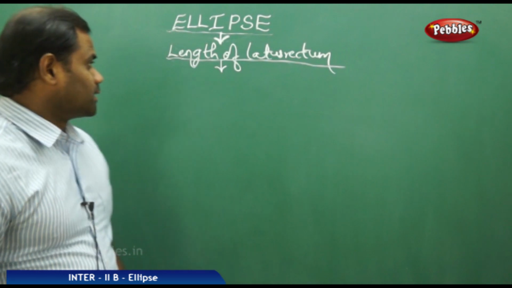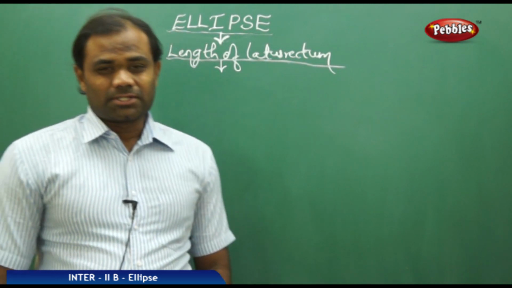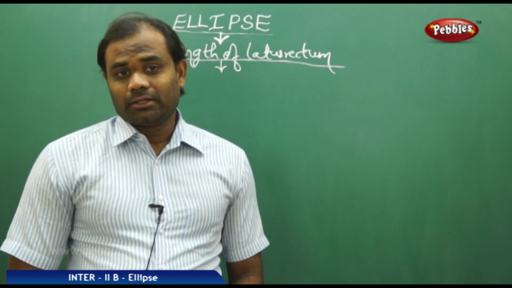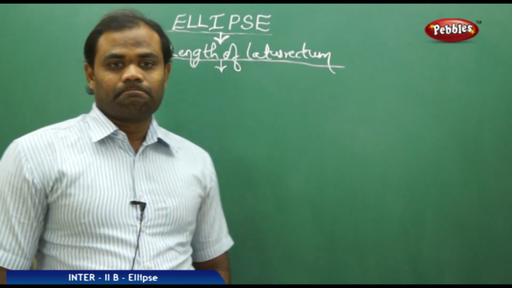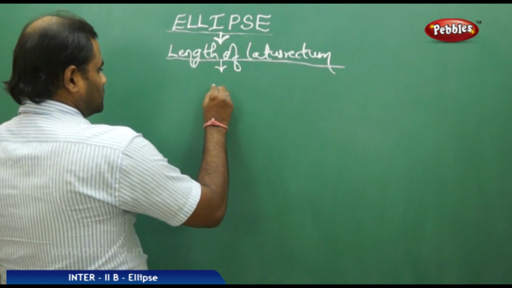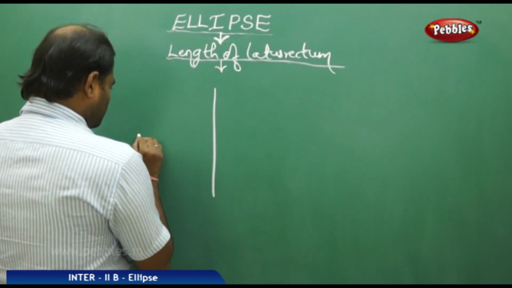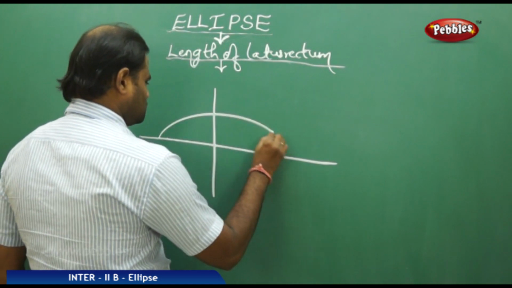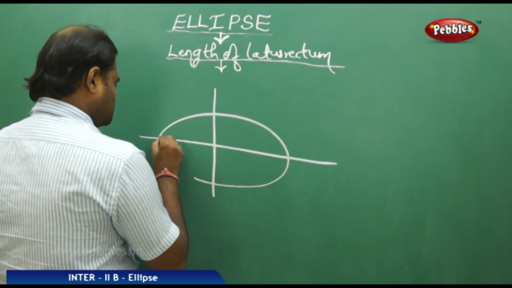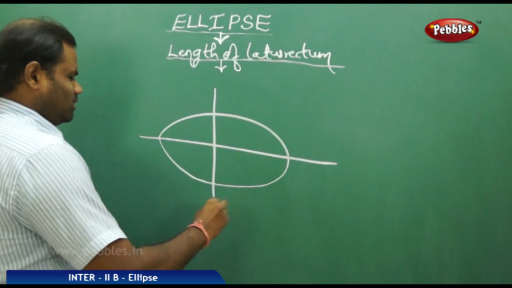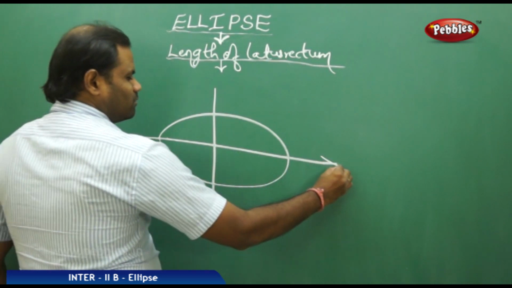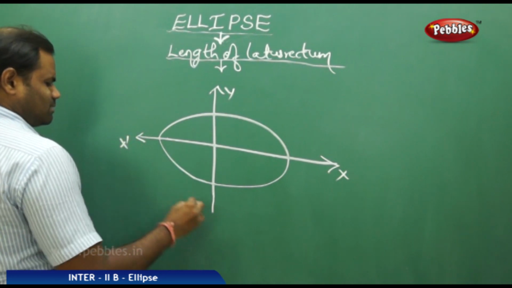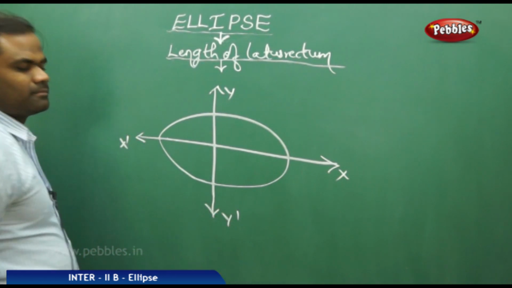Length of latus rectum. So now that we have discussed latus rectum, let's see what is its length in its mathematical formula. Let's draw the latus rectum for the ellipse, where I have x-axis, y-axis in this way.